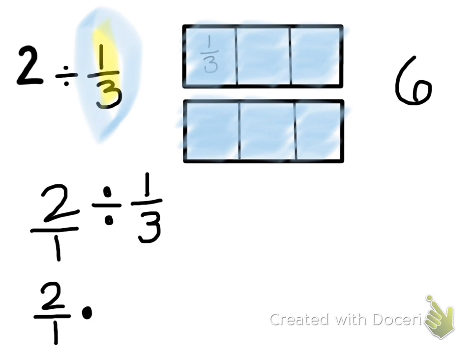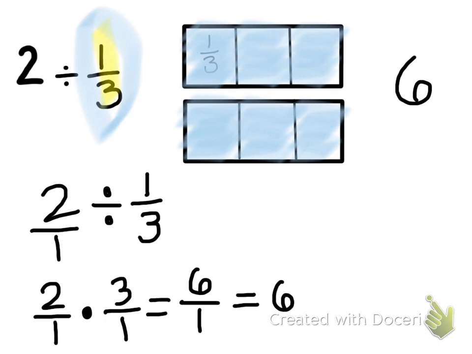I write the reciprocal of 1/3, which is 3 over 1. And I just multiply across. 2 times 3 is 6. 1 times 1 is 1. And 6 over 1 is equivalent to 6, right? 6 over 1 still means 6 wholes. So here we could clearly see that 2 divided by 1/3 is 6.